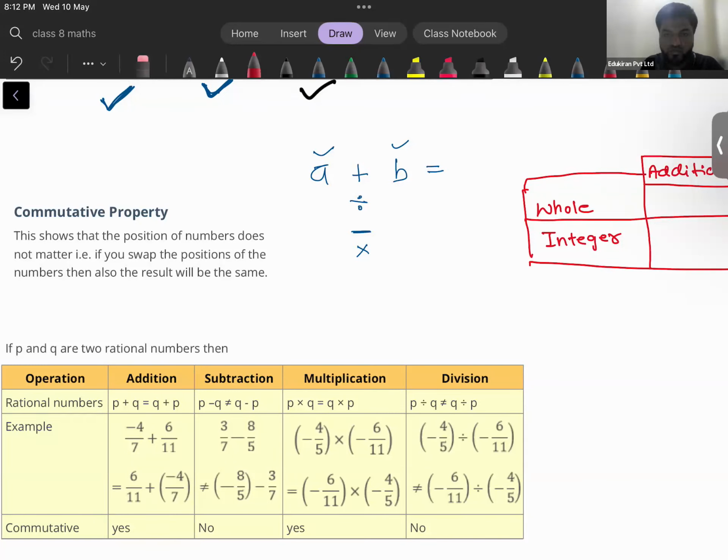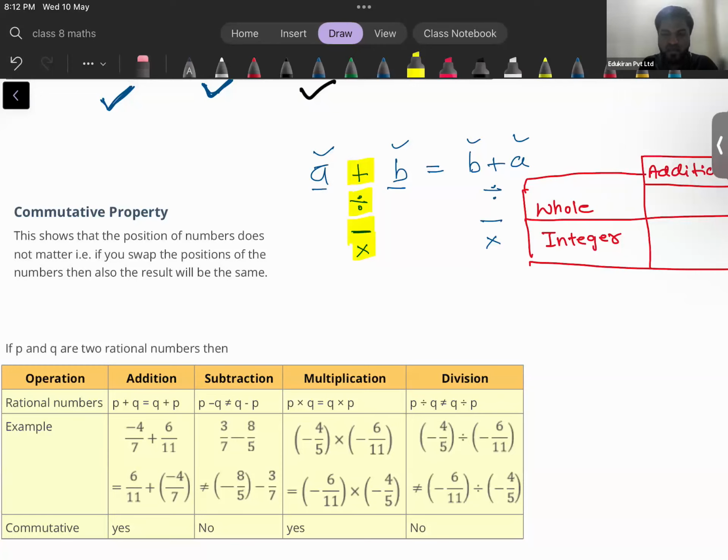It has to be concerned with the order of the values in which we add them, right? It's B plus A actually, right? So here I say that if I am given two integers, A and B, and I perform any operation on them, whether subtraction, multiplication, division, or addition, in any order, I am changing their order basically here.